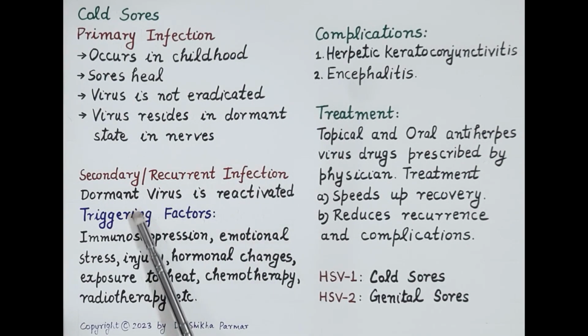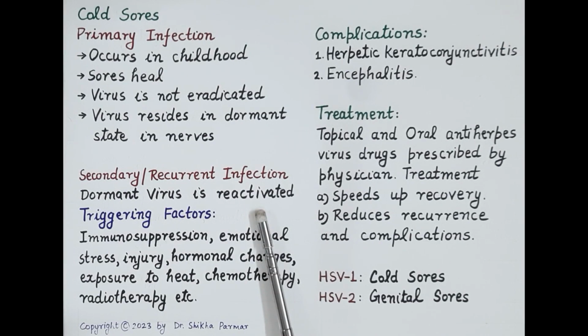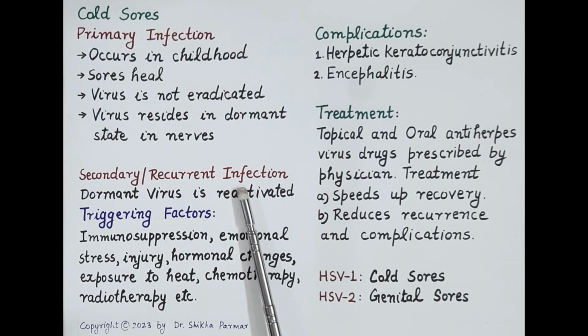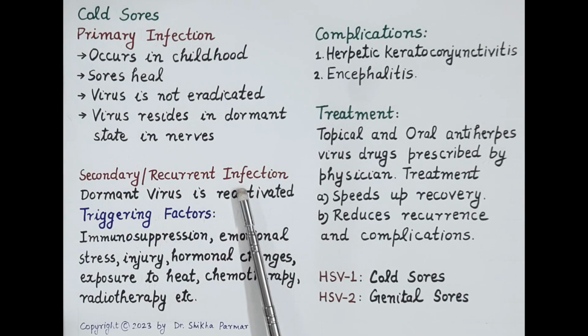But if this dormant virus is reactivated, it again produces cold sore blisters, and now the infection is termed secondary or recurrent infection. This secondary infection can occur once, twice, or several times depending upon the patient and situation. Very important, there are certain triggering factors that activate the dormant virus.